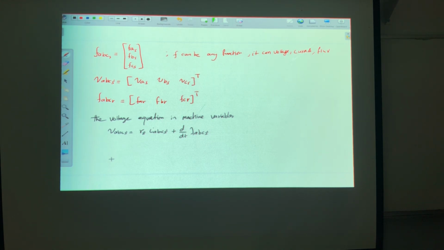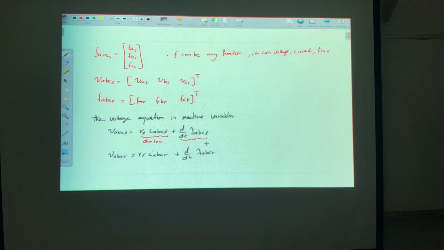The same thing we can write for the rotor circuit: V_ABCR will equal R_R I_ABCR plus d/dt of lambda_ABCR. Now, this one is what? It's Ohm's law. And this is what? This is Faraday's law of induction.